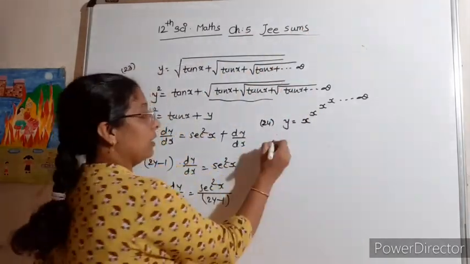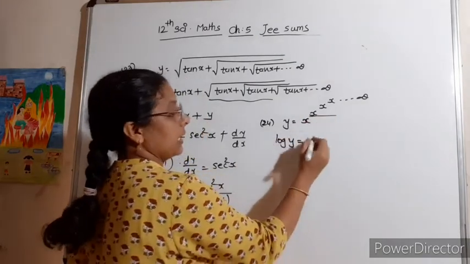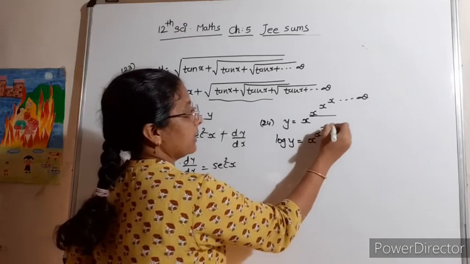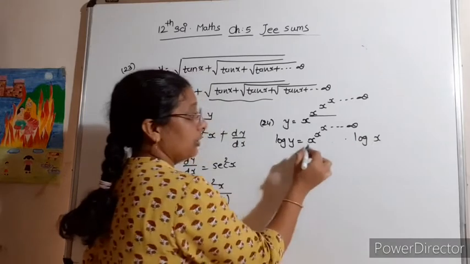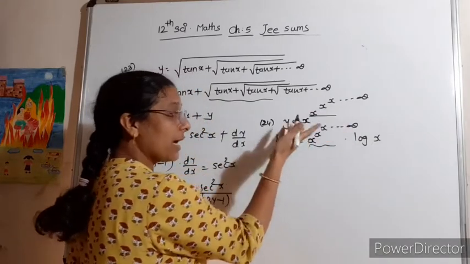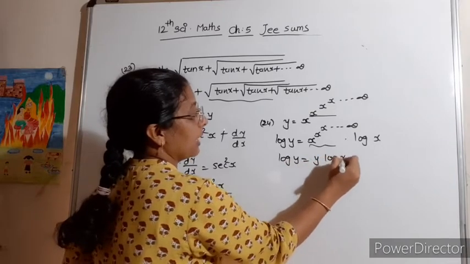So that log y, this whole power will come in front: x power x up to infinite, times log x. You know what this is? y. So now it is log y is equal to y log x.